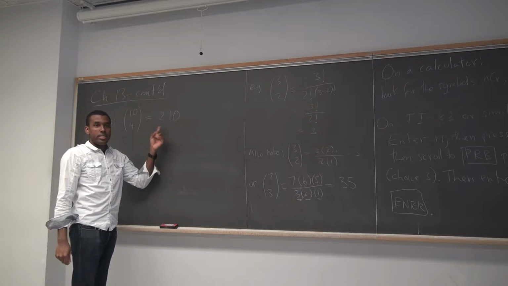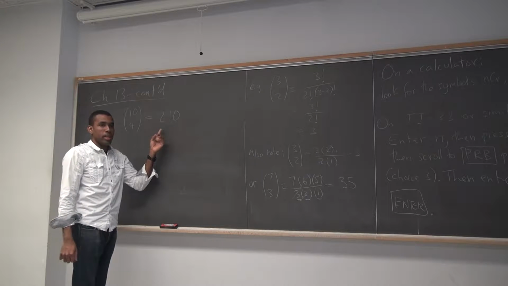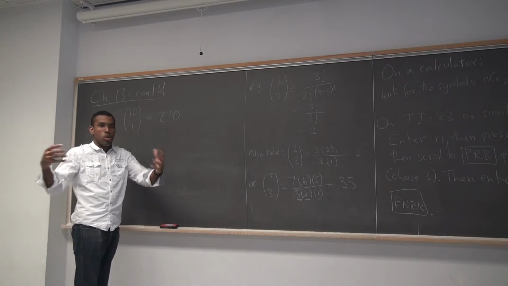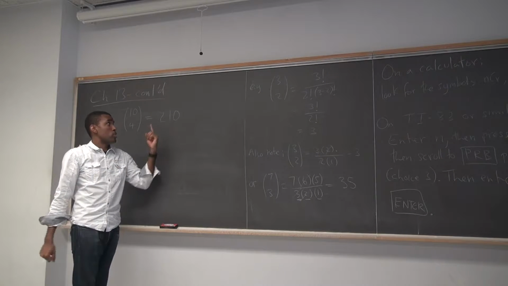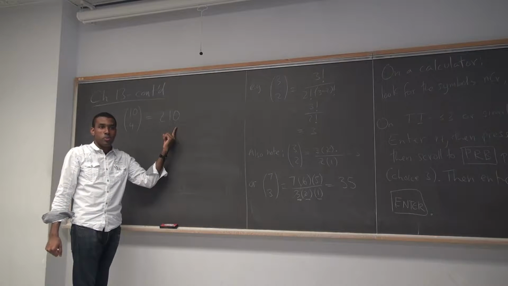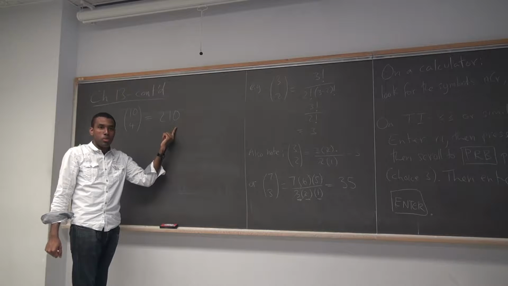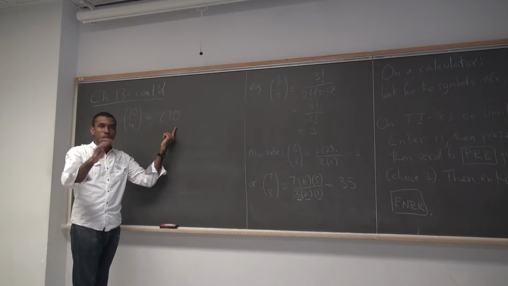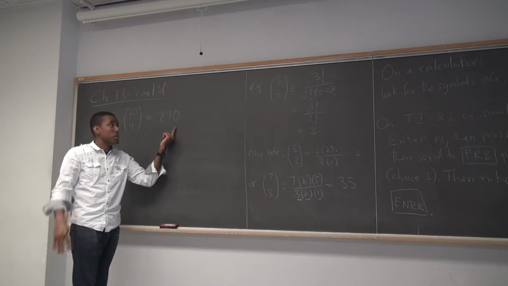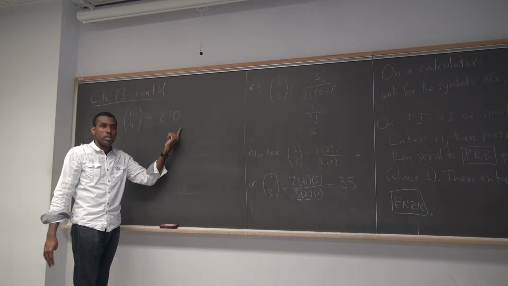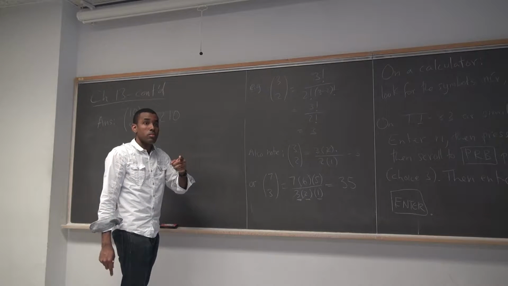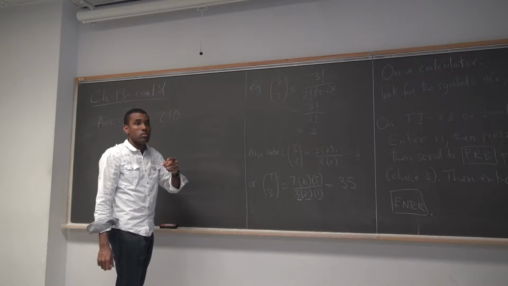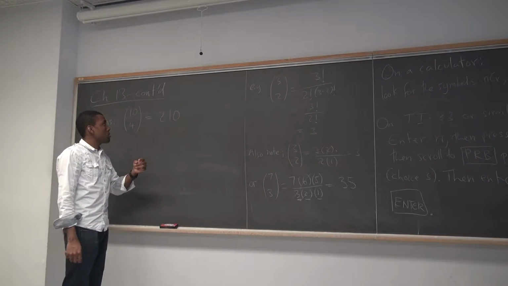There are 210 possible committees that we can make. Right? So if I have 10 people and I want to choose 4 of them to make a committee, there are 210 possible groups of 4 people that I can choose from 10 people. Right? If I choose a different set of 4 people all the time, there are 210 ways I can do this. Yes? But that's assuming that the positions are set, like rotating each position.